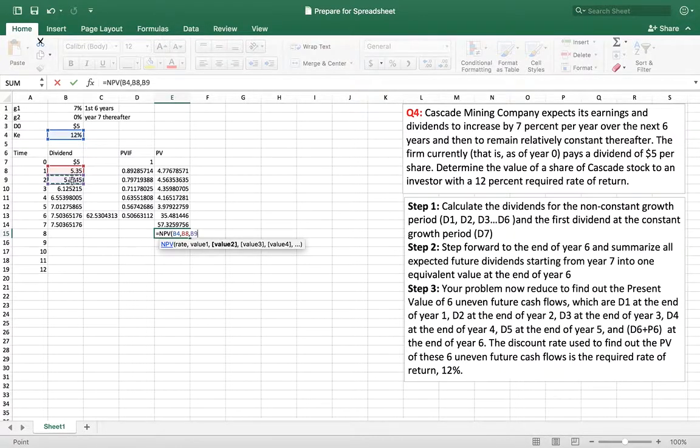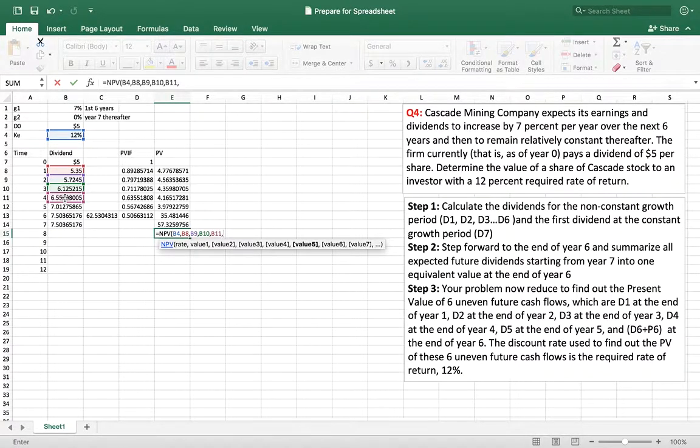So I click on cell D9. The dividend at the end of year 3 given in cell B10. So I click on cell B10. The dividend at the end of year 4 given in cell B11. So I click on cell B11.